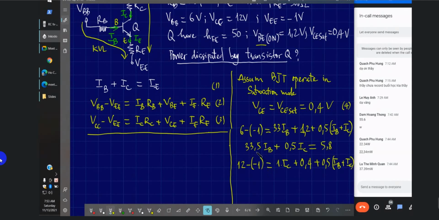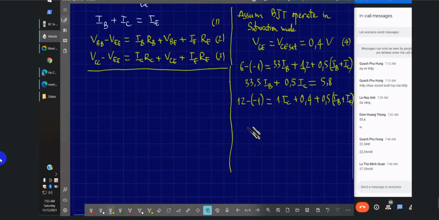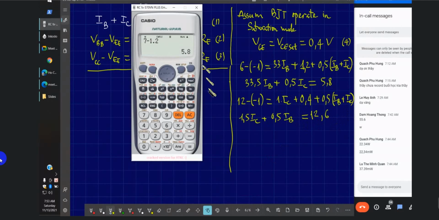And then I have my equation: IC with another 0.5 is 1.5 IC plus 0.5 IB, equal to 13 minus 0.4, which is 12.6. And then I get two equations for two variables.